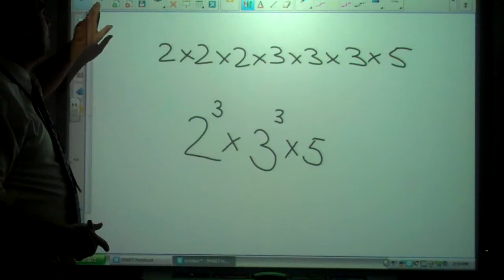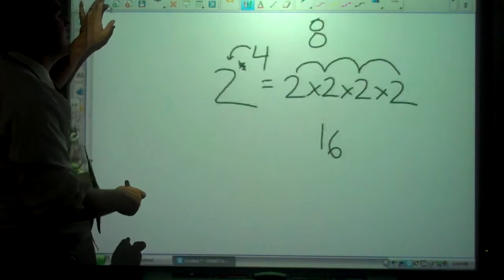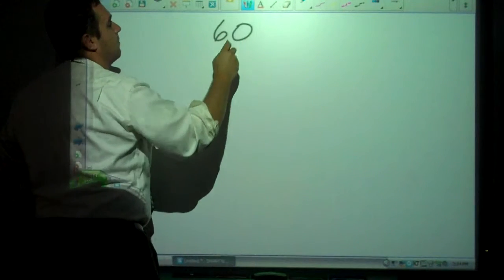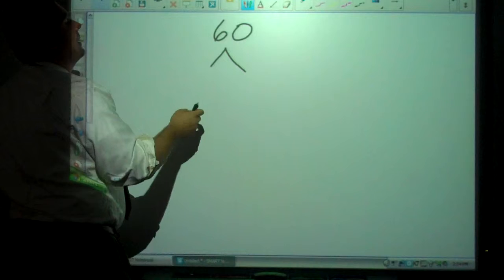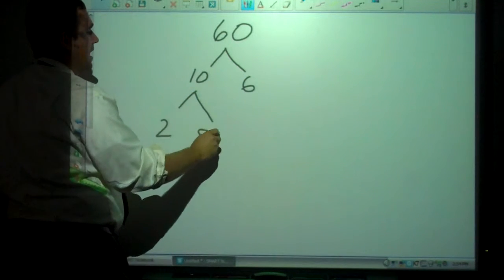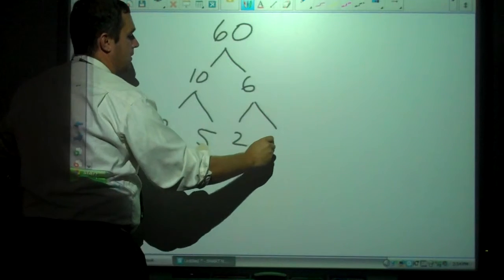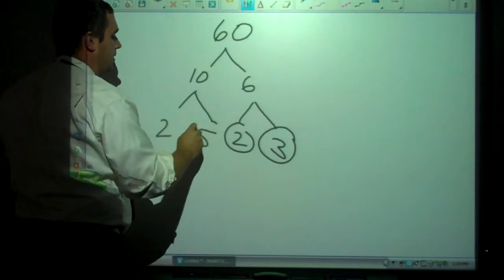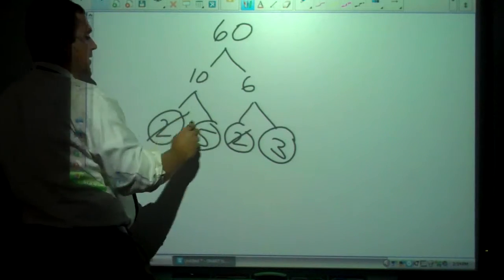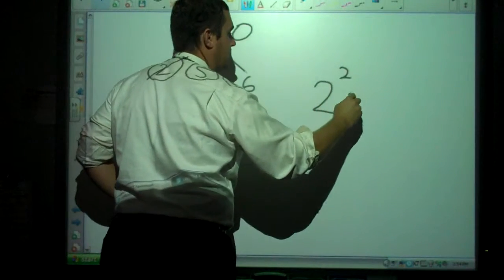So when we're doing prime factorization and we get, let's say, a number like 60, and we do our factor tree, and we do 10 times 6, and then 2 and 5, and then 2 and 3, here are prime numbers. We can rewrite this by saying, how many 2's do we have? Well, we have 2 2's.